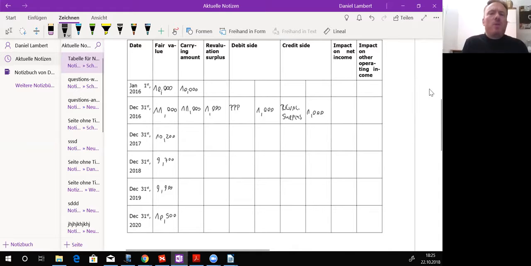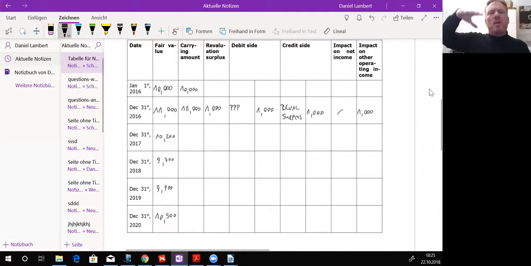But it has no impact on the income statement. There is no impact whatsoever by revaluation surplus. There is no indication and no linkage to the income statement by the revaluation surplus.